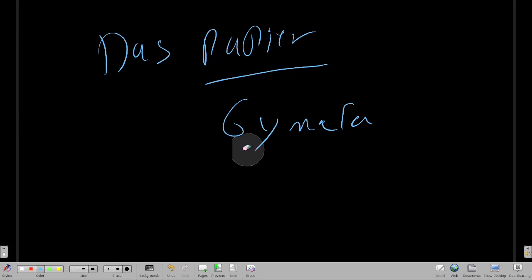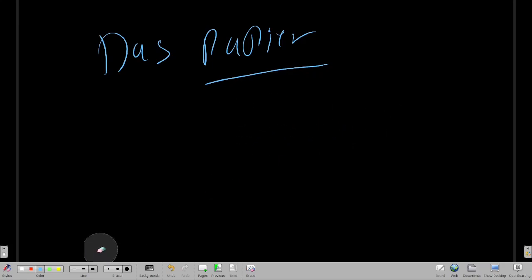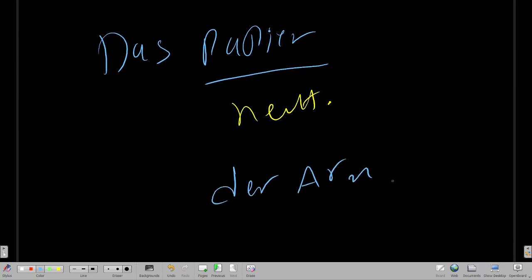Anyway, das Papier, which suggests the gender is neutral, or neuter, no. It's neuter. See? Or, let me check for a new one. Der Arm. It suggests that it's masculine.